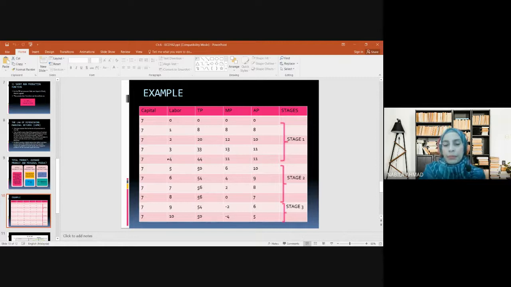Bila labor keempat, yes, output kita bertambah, tetapi pertambahan itu telah mula perlahan. The increase is only 11. The rate of increase hanyalah 11 sahaja. So tadi 13. Sekarang ni pertambahan itu telah berkurangan. So di sinilah law of diminishing return berlaku, di mana marginal product mula berkurangan, iaitu total product increase at decreasing rate.